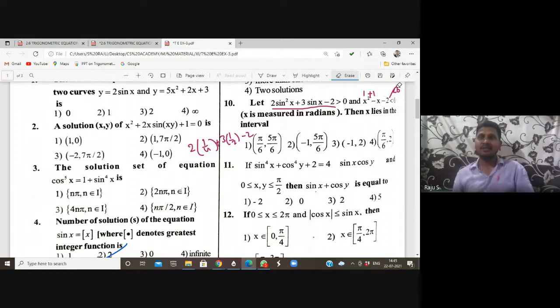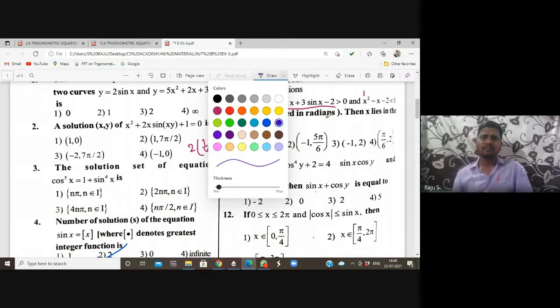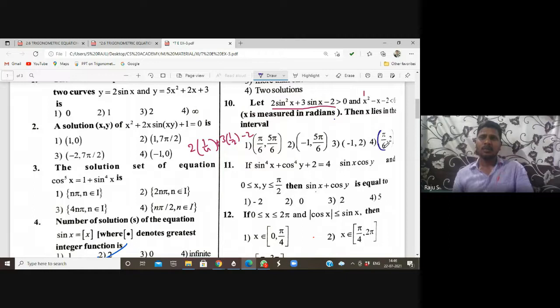Even here also we should not substitute -1 because all are open intervals. It's not a closed interval, so we should not substitute those end points. We should not substitute. Okay. So what is the meaning of pi by 6? Pi by 6 means open interval values.